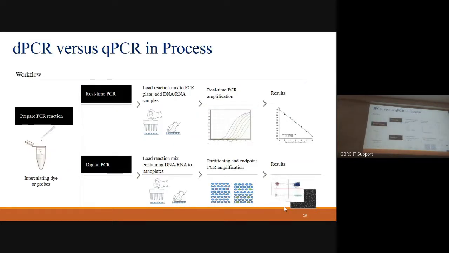So these are the process parameters which are changing between the two methods, RT-PCR and digital. Suppose you take the Bio-Rad droplet-based PCR, their workflow is quite different. That is based on oil-in-water emulsion-based droplet generation.